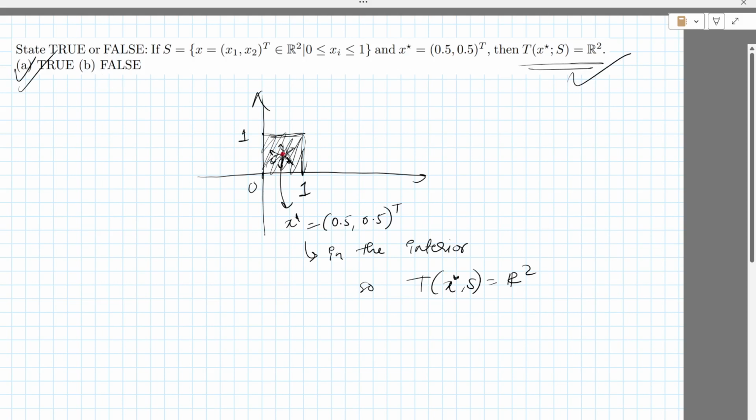This is correct. If the point was somewhere here, then the feasible directions would have been something like this.